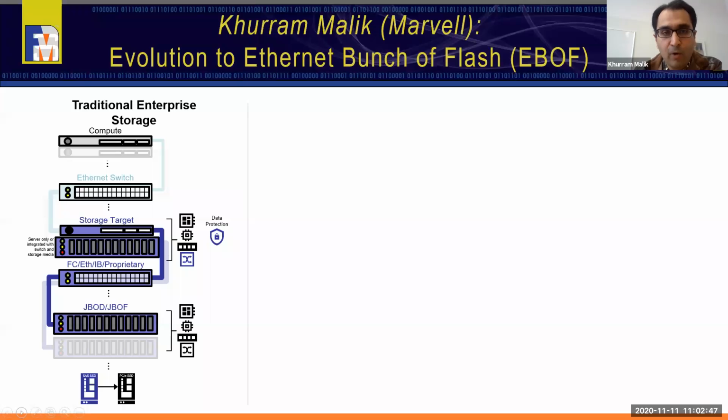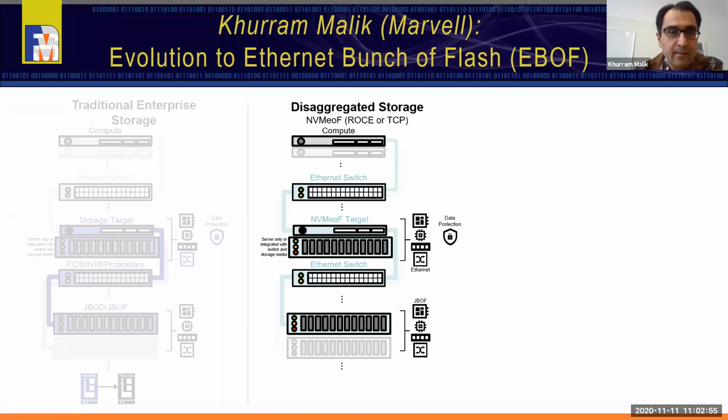And now we can see how we are simplifying this architecture with what we are showing here, a disaggregated storage of NVMe over Fabric target side, which could use either RoCE v2 transport or NVMe over TCP.